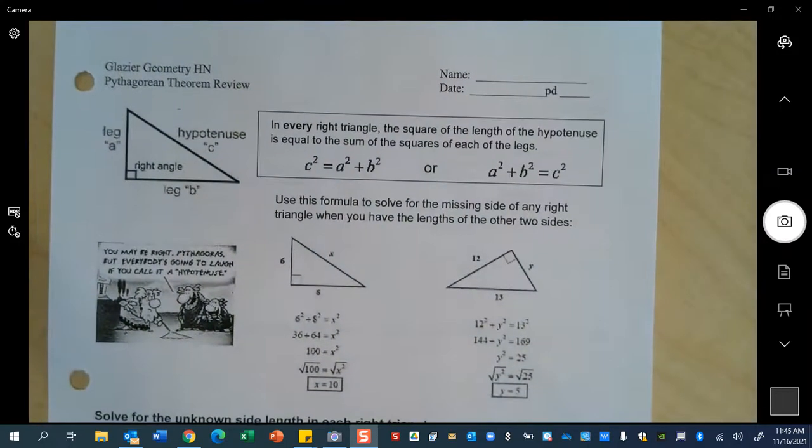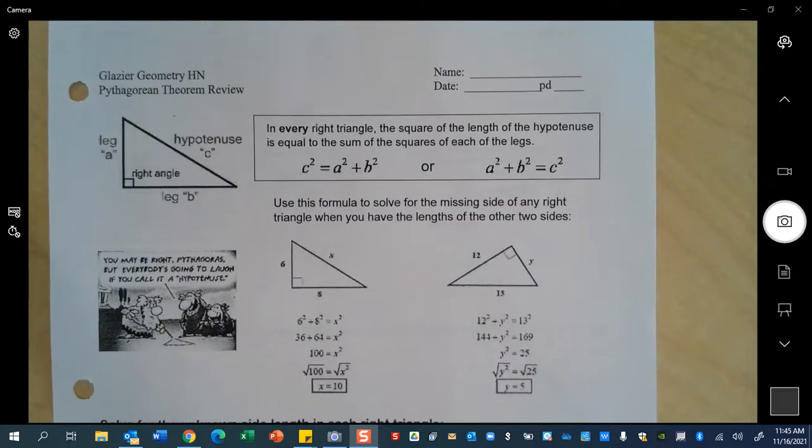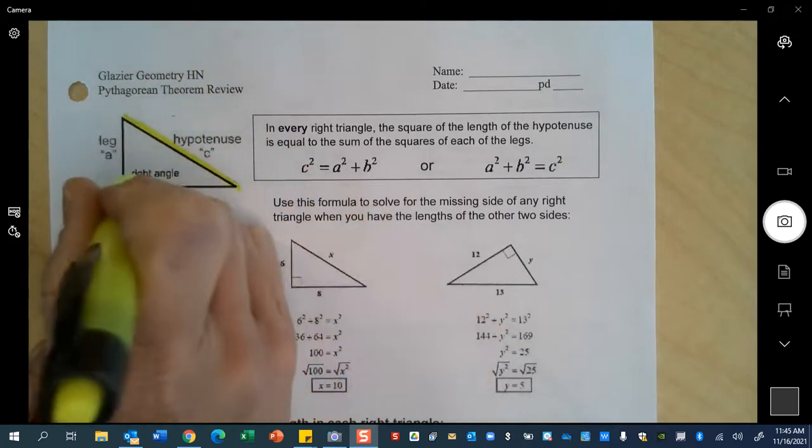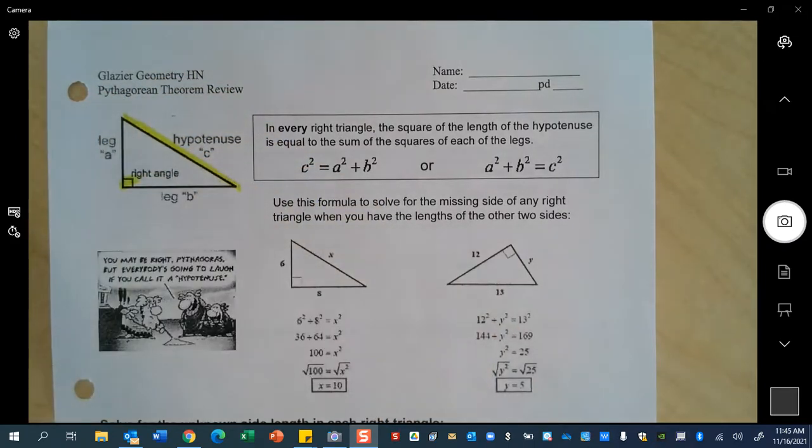When you finish with the quiz, you're going to pick up this piece of paper. And this piece of paper is a review of our Pythagorean theorem. And what you're going to do is recognize that in every right triangle, your hypotenuse is opposite your right angle.